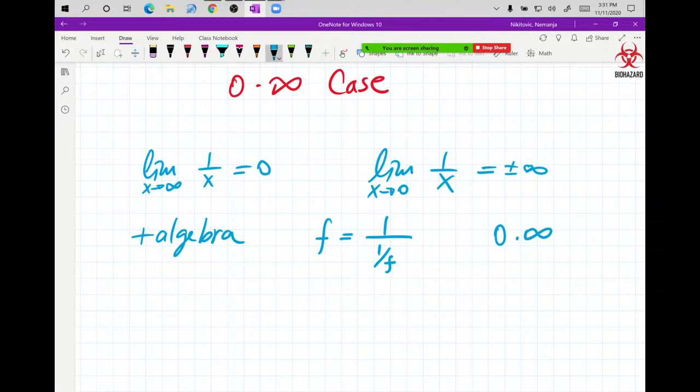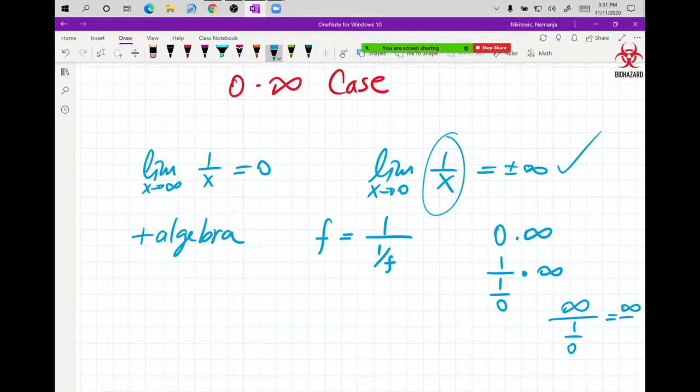Because if I write this 0 as 1 over infinity, times infinity, didn't we just learn that 1 over 0 is infinity? Right? So the whole thing becomes infinity over 1 over 0, which is infinity over infinity, an indeterminate form.